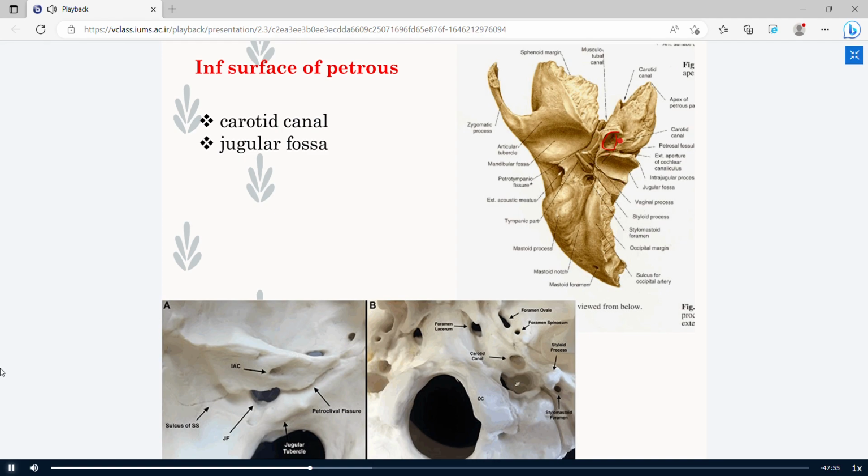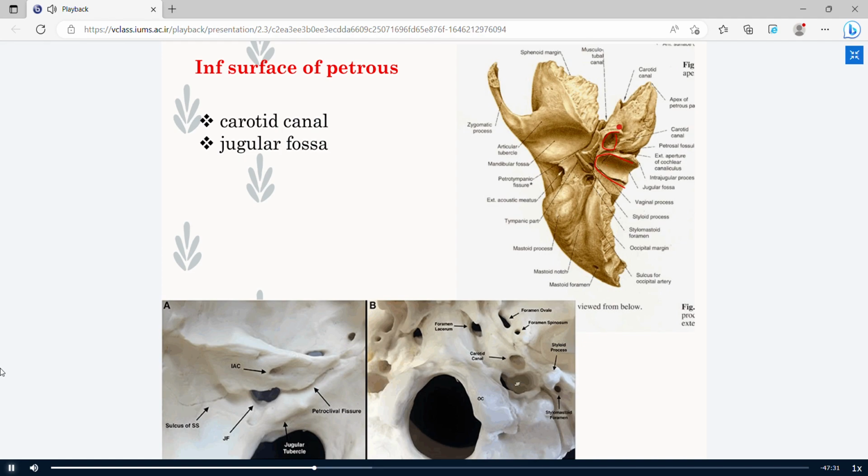It's here, for passing the internal carotid artery from the neck and entering the skull. This here is the foramen. And posterior to the carotid canal, there is a jugular fossa. This is the jugular fossa.